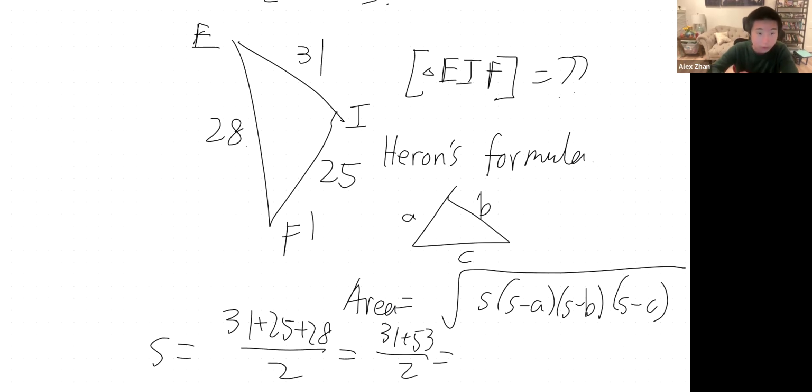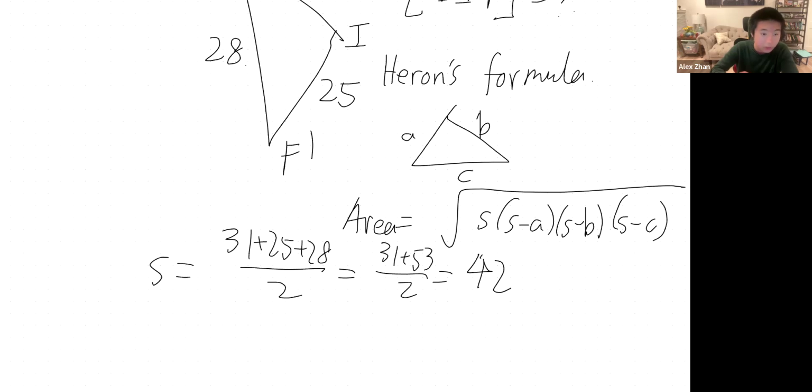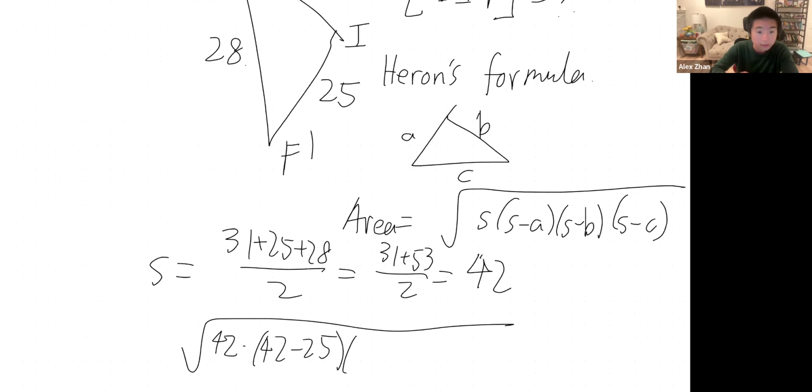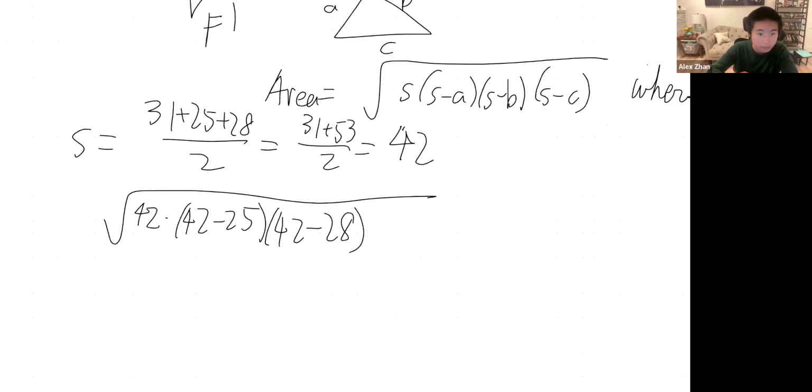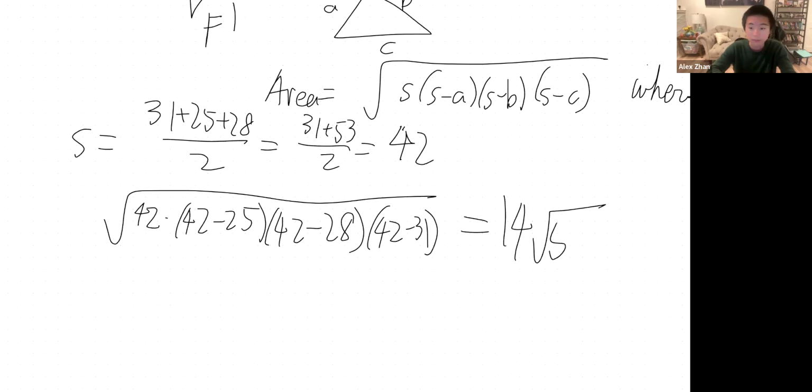84 over 2, 42. So S is 42, and then the area is now going to be 42 times 42 minus 25 times 42 minus 28 times 42 minus 31. And then by calculating this and simplifying, eventually we get that this is equal to 14 root 561.